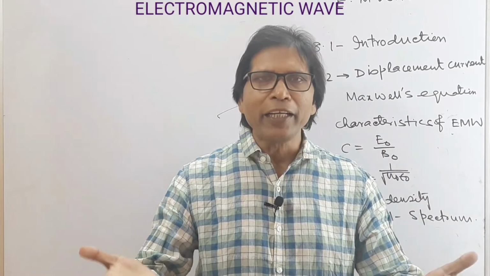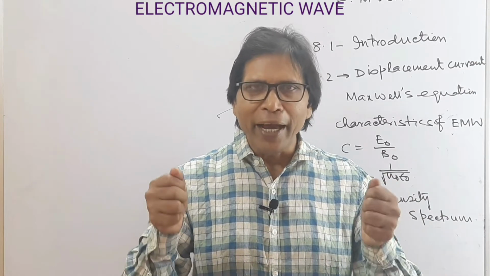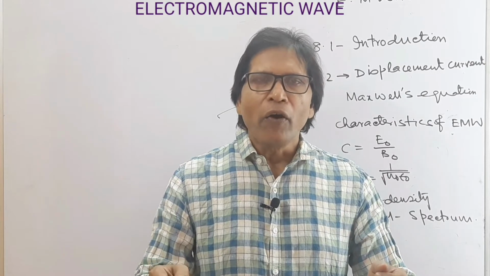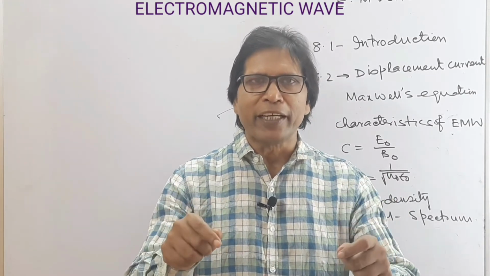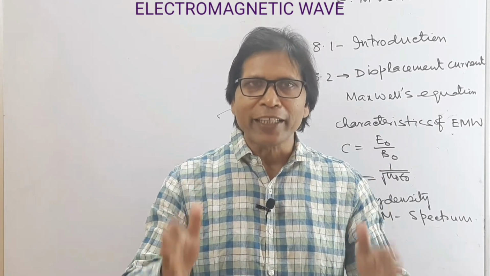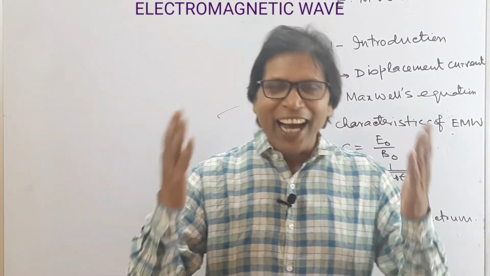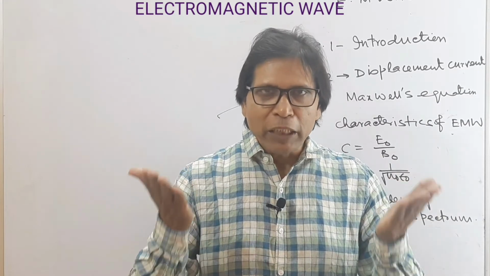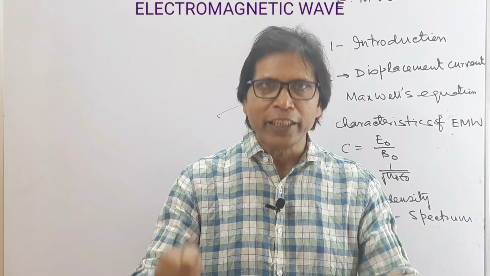While applying Ampere's circuital law to find the magnetic field around a capacitor, when an alternating source is applied to the capacitor, Maxwell noticed that Ampere's circuital law is inconsistent. He suggested an additional current called displacement current to remove this inconsistency.